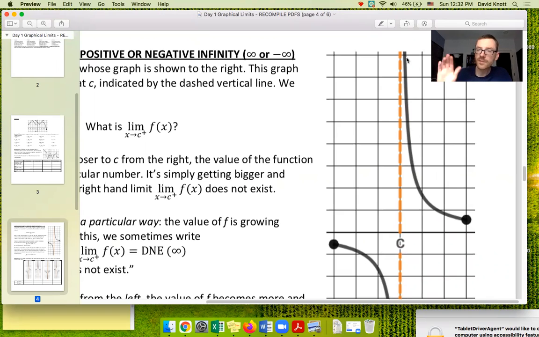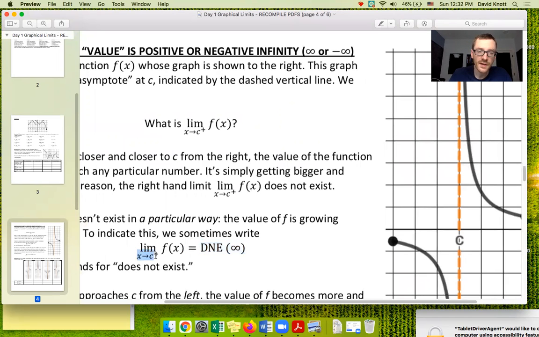Now, I want to make a clarification. Sometimes students get really hung up on whether they're supposed to say that the limit doesn't exist, or is it infinity, or what's going on with that. I want to make sure that you understand. We encourage you in situations like these to write DNE and then in parentheses positive infinity, like we have here.